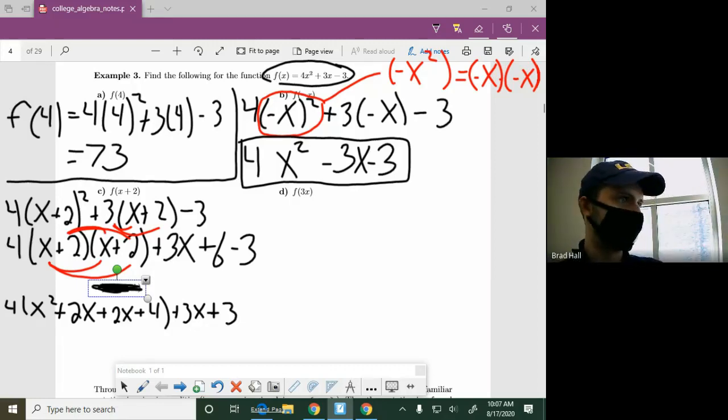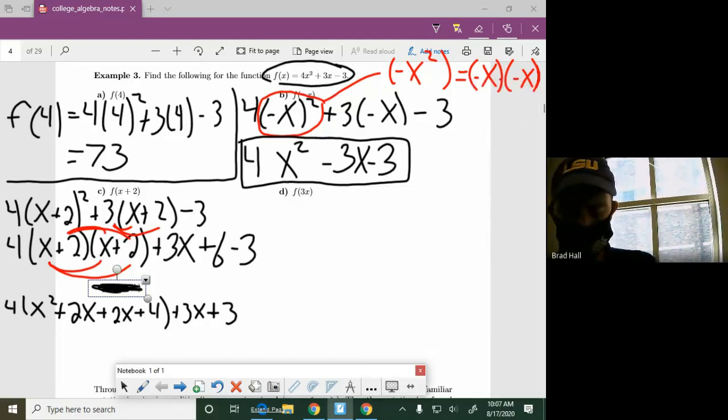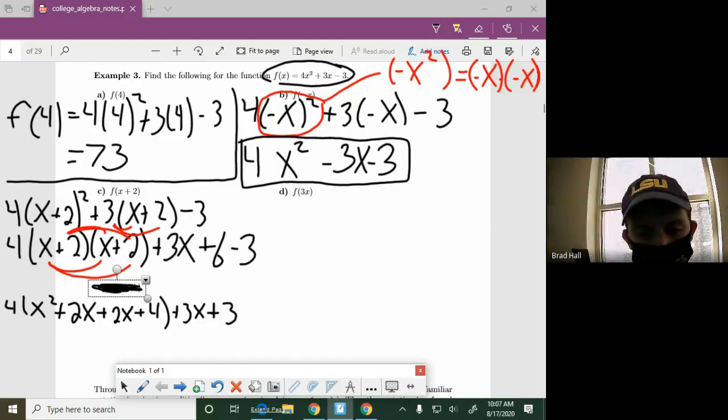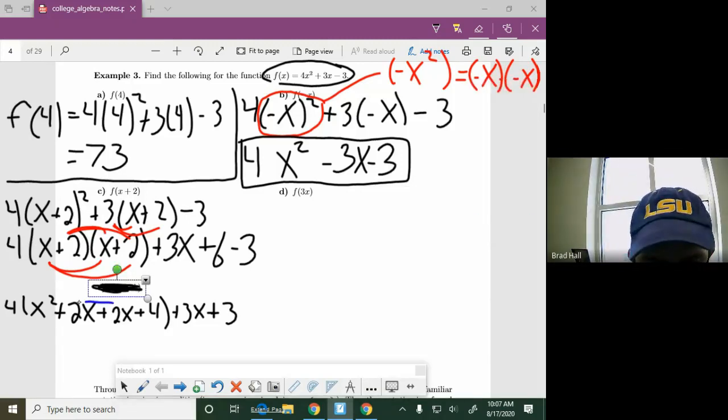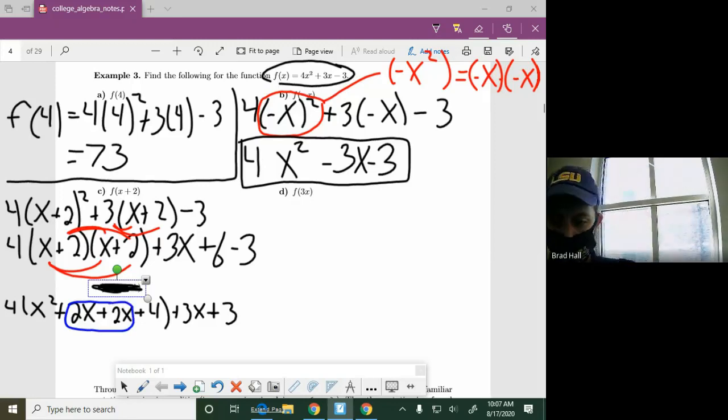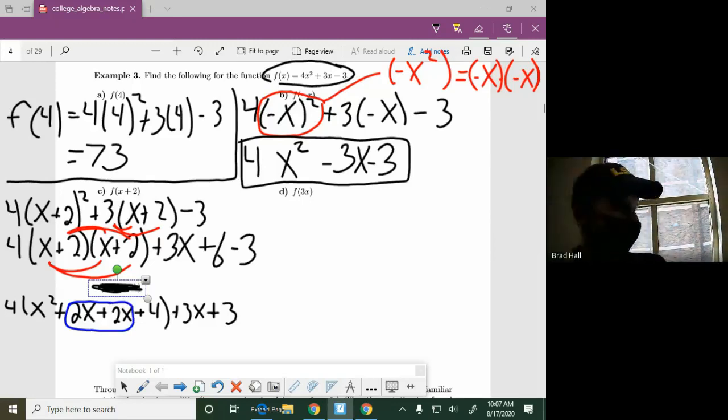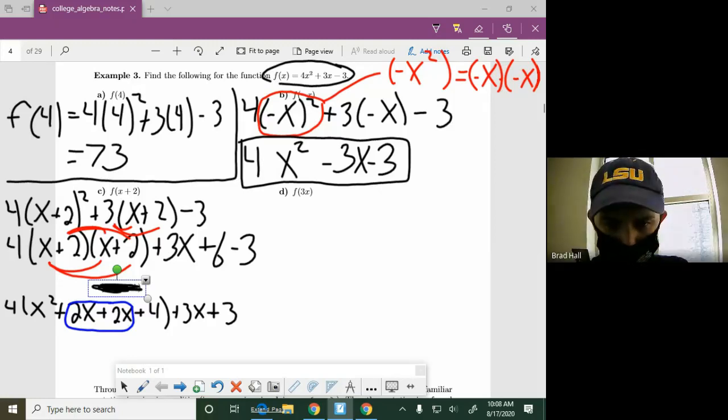All right, very fun. You might also notice in the parentheses, there are like terms. I'll do that in blue. It looks nicer. There are like terms here. We can add them together and get 4x, just 2x plus 2x.